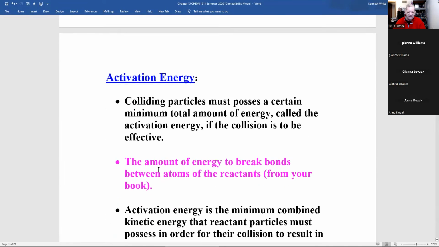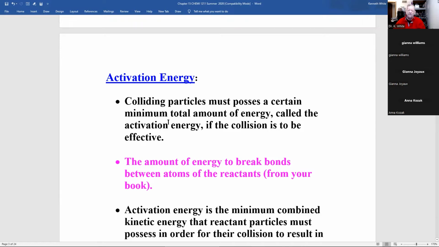But anyways, the next statement you should know is called activation energy. There are different ways of saying this, but colliding particles of chemicals must possess a certain minimal total amount of energy called the activation energy if the collision is to be effective.